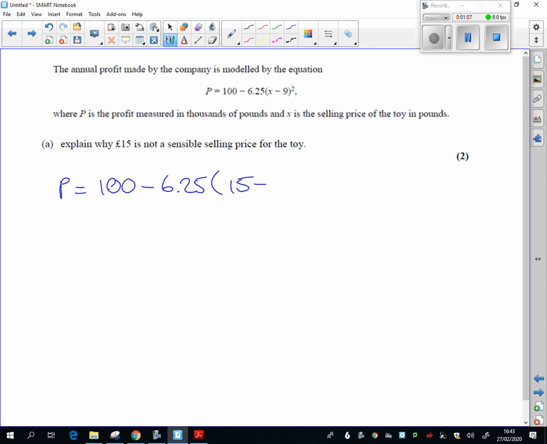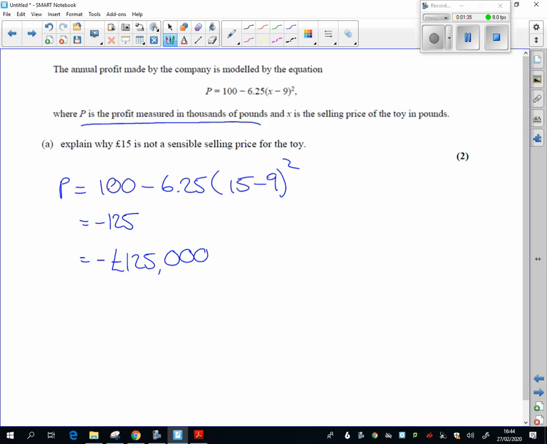So if I substitute 15 into that, I get a value of P of minus 125. Now profit is in thousands of pounds, and that's actually minus 125,000, and they're quite strict. That's going to be your first mark.